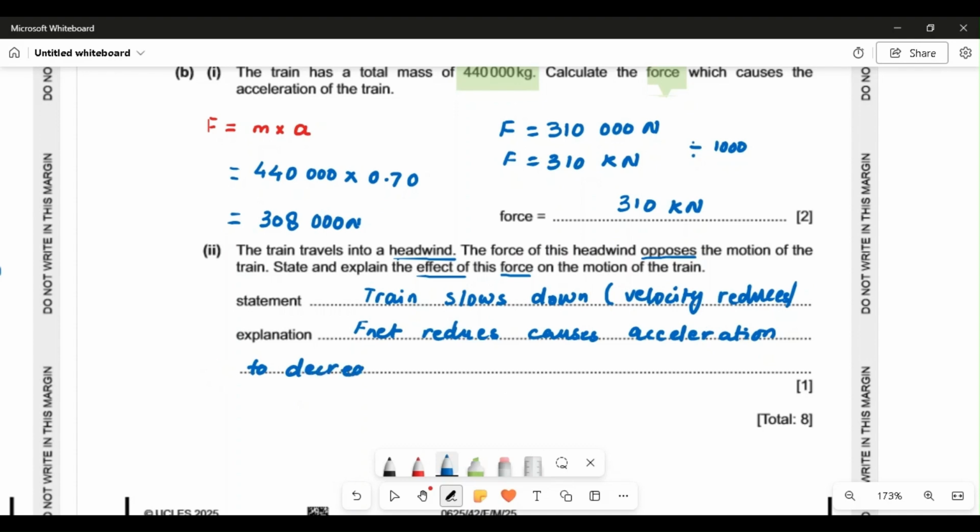Less acceleration due to less force will produce less velocity. So it causes acceleration to decrease and velocity also decreases.